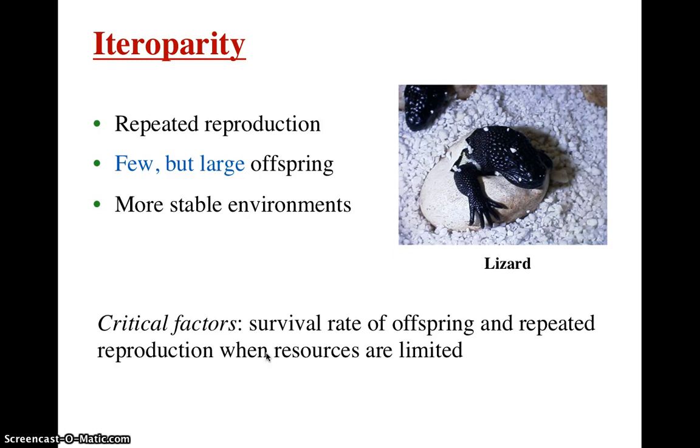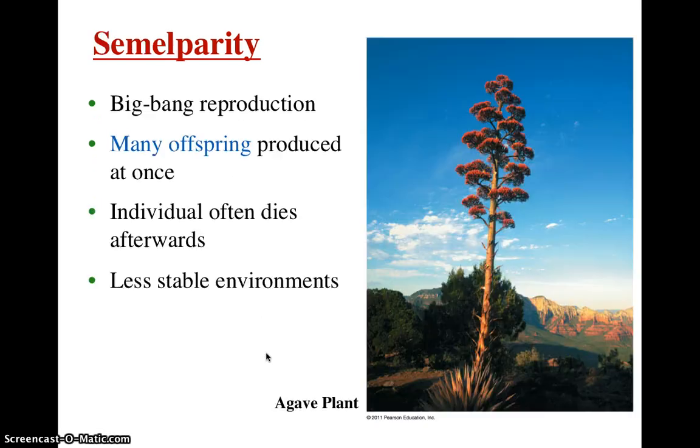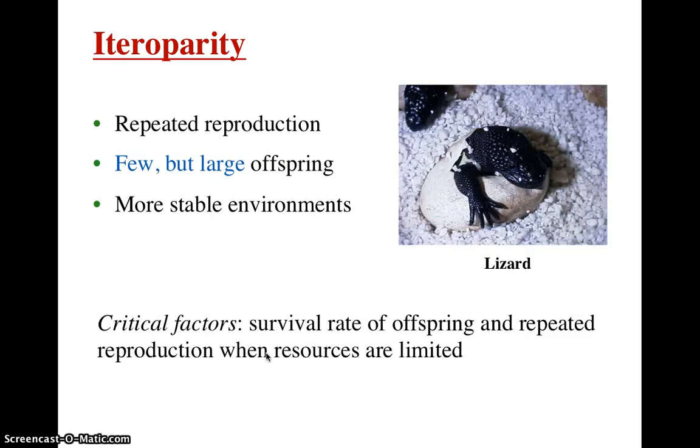By large I mean, with semelparity, the offspring is usually very small and has to grow up by itself. Iteroparity is talking about offspring that have grown up a little bit. As you can see on the right hand side, the lizard is not a small tiny egg and a small tiny lizard. It actually shows up. I mean, it's smaller, but it's not that small.